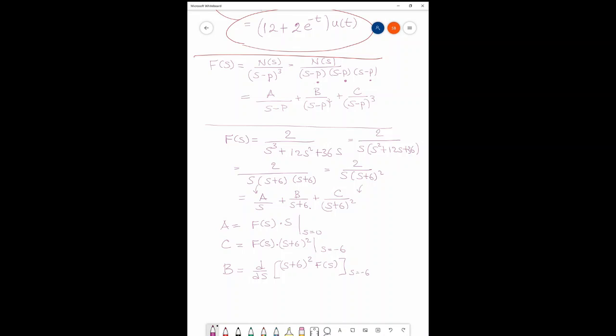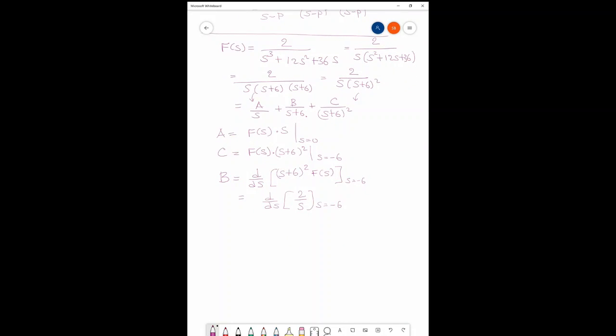Because it is one degree lesser, we are going to differentiate once. So d per ds of, and that would cancel, it would give us 2 over s, at s equal to minus 6.